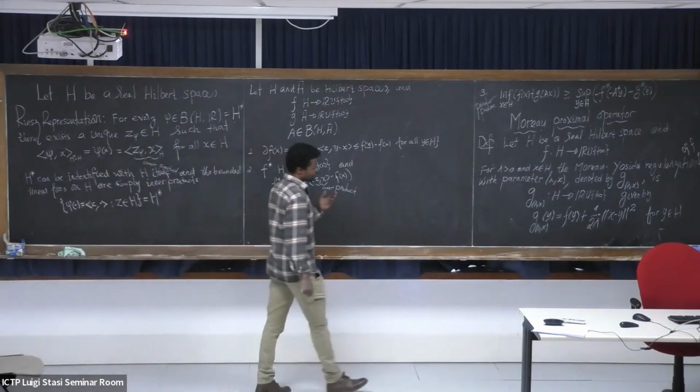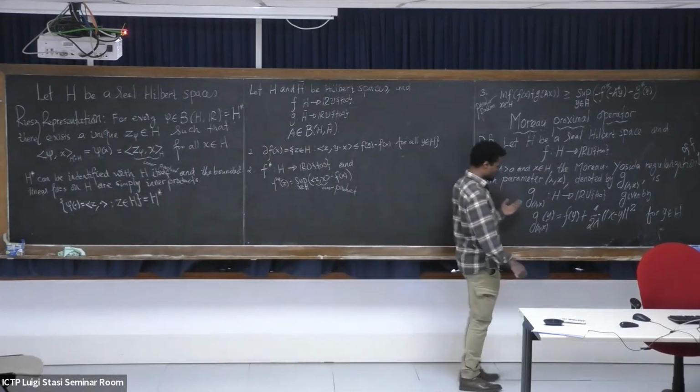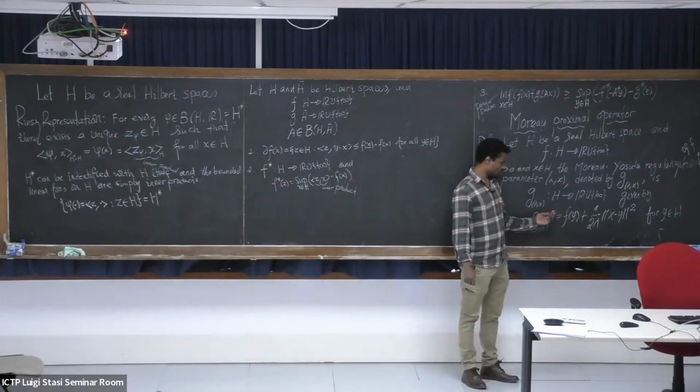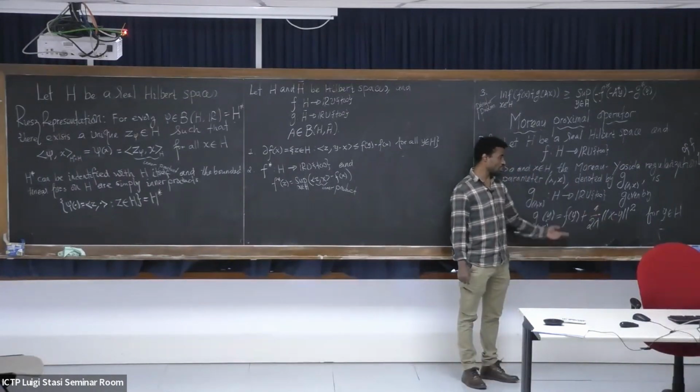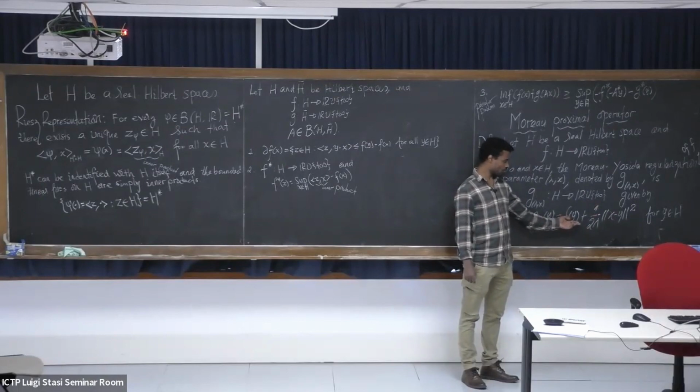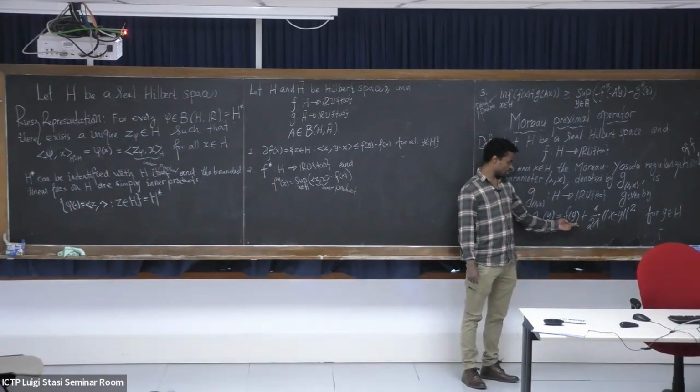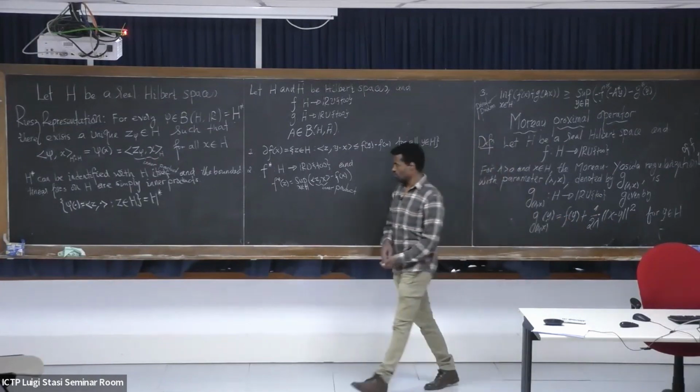So if f is a convex function, the squared norm is strongly convex, so the sum will be strictly convex. So it means that we have a unique solution.